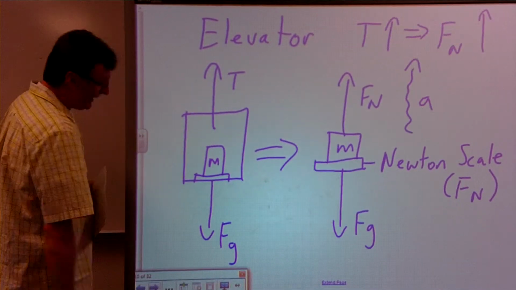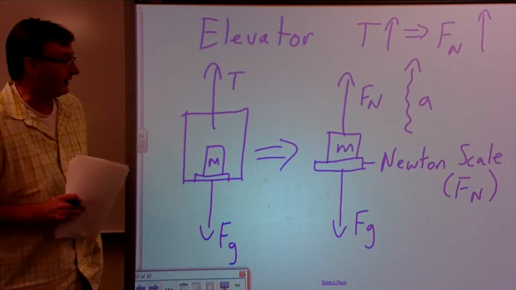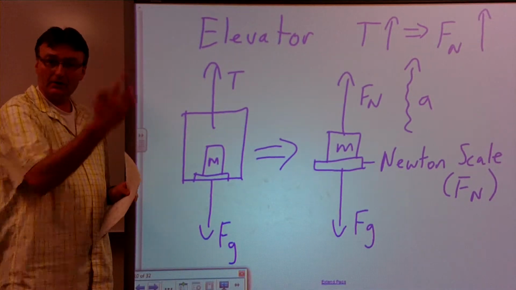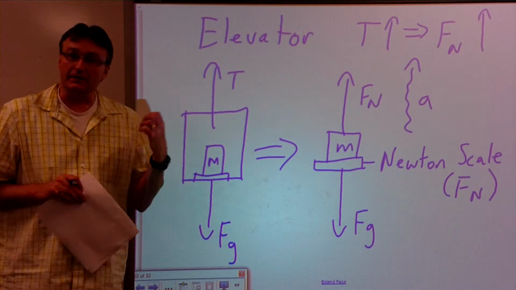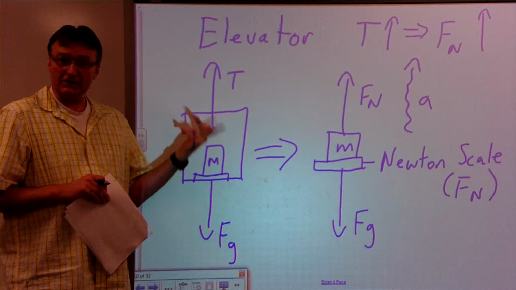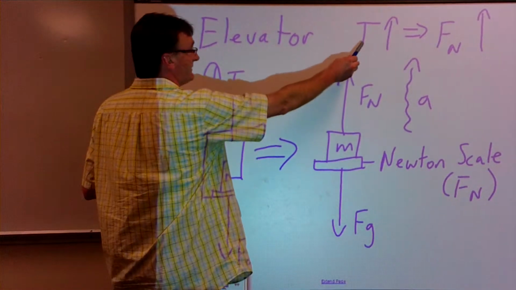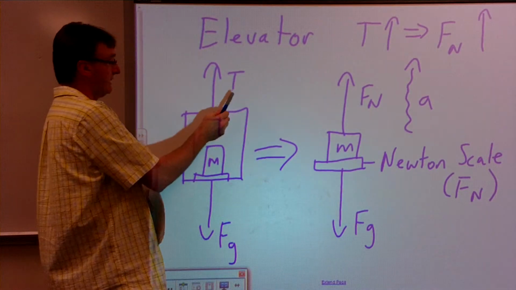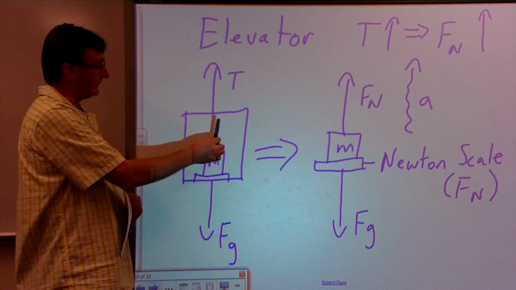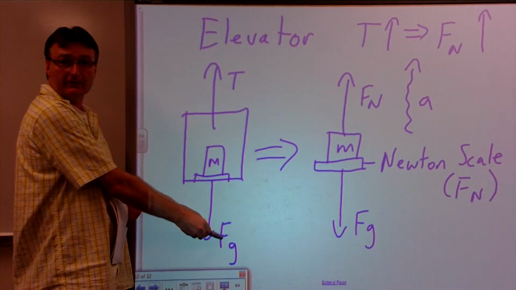So let's say you step onto the elevator on the ground floor and you want to go to a higher floor. The elevator will need to accelerate initially in the up direction, which means the tension force in the cables is going to increase. The only way it can accelerate upward is if the cable force increases and becomes greater than the force of gravity.